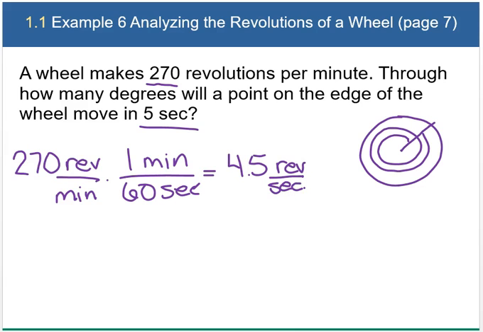Now let's multiply this by our 5 seconds. So 4.5 revolutions per second times 5 seconds gives us how many revolutions this makes in 5 seconds, which is 22.5 revolutions.